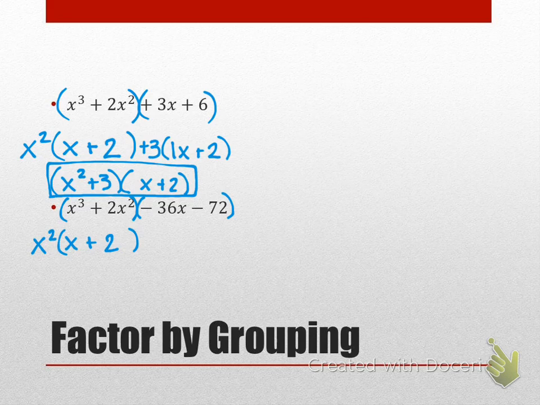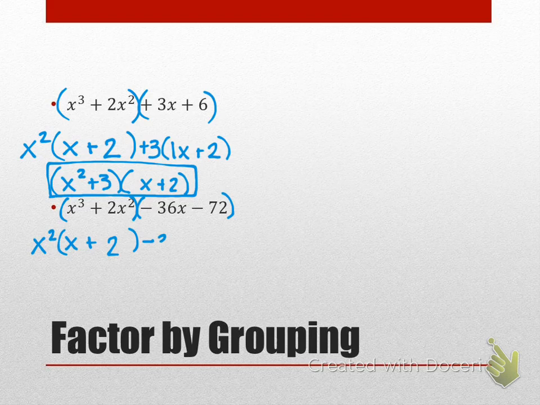All right. What is the greatest common factor of negative 36x and negative 72x? What kind of 36? It has to be a negative because anytime the very first term is negative in your group, you have to take out a negative greatest common factor.